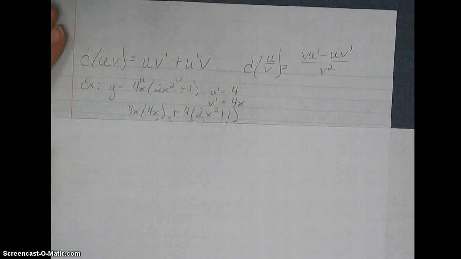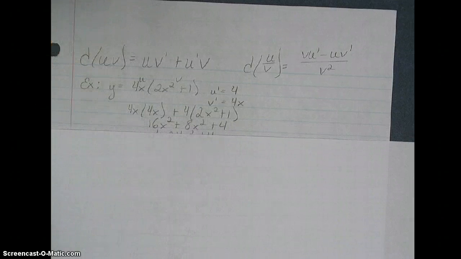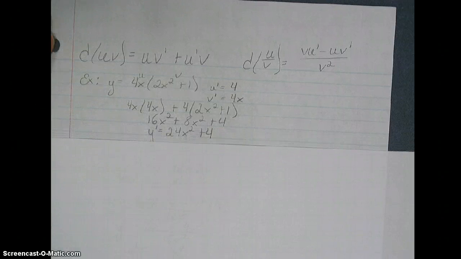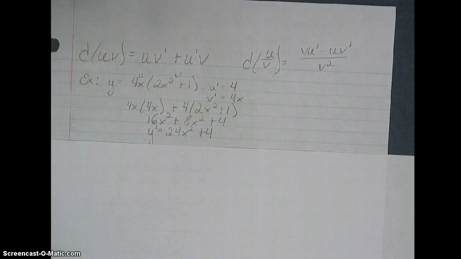And then you clean it up by multiplying 4x times 4x, so you get 16x squared, and then you distribute the 4 and you get 8x squared plus 4, and then your final answer should be y prime equals 24x squared plus 4.